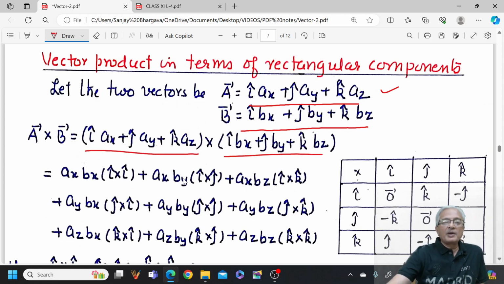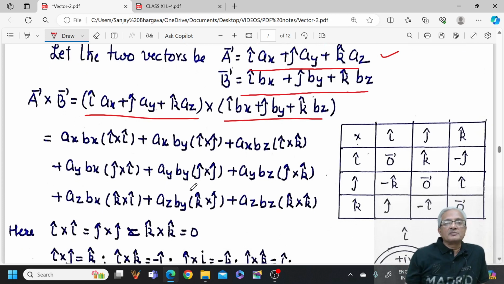If I multiply, I will obtain 9 terms. Here i cross i would be 0, j cross j would be 0, and the reason is i cross i means 1 into 1 sine 0. Since sine 0 is 0, I will obtain 3 terms as 0.